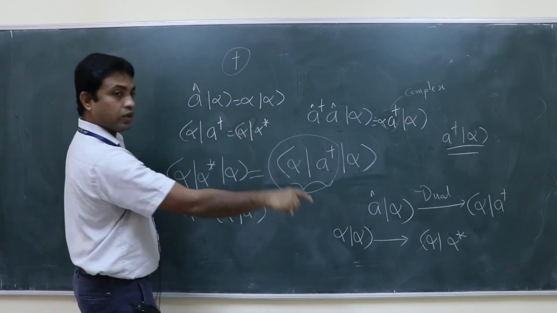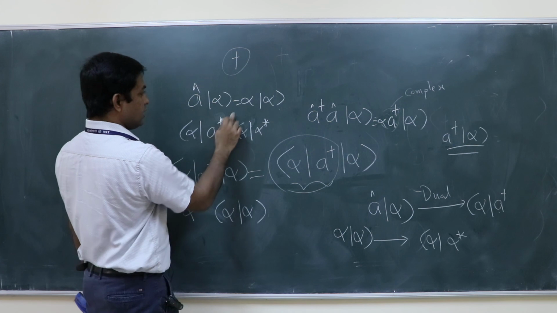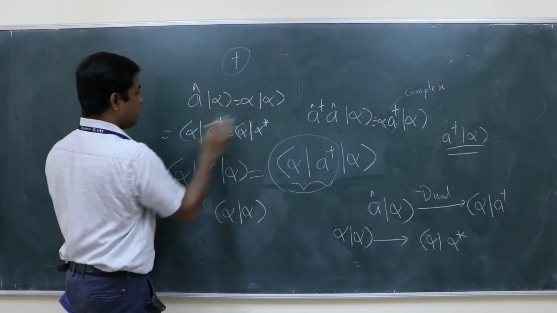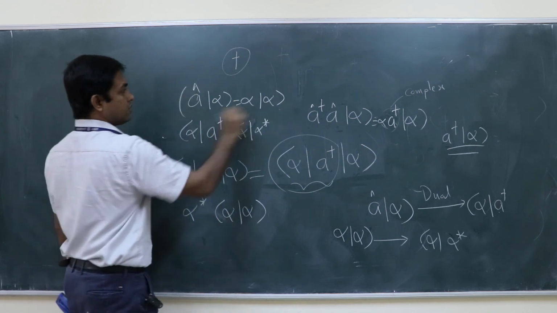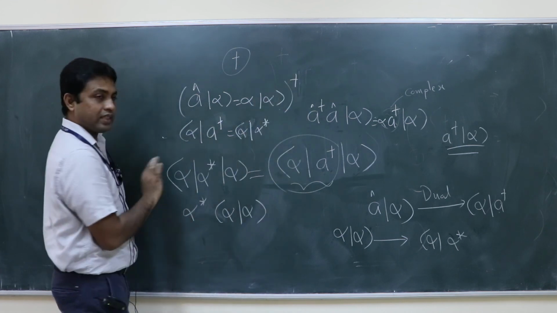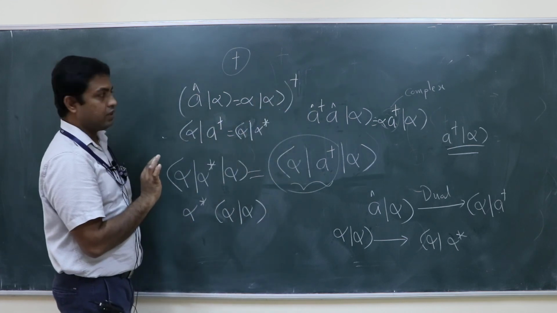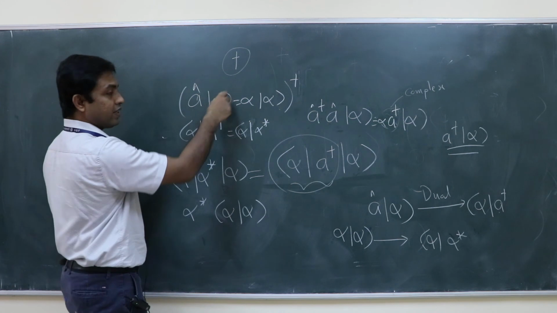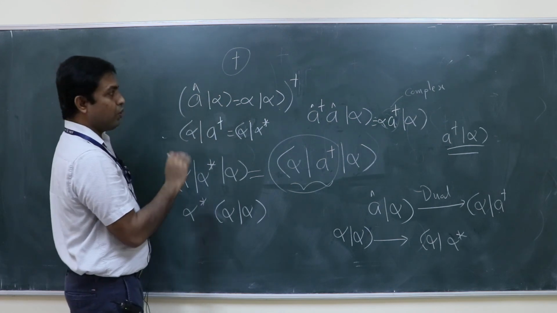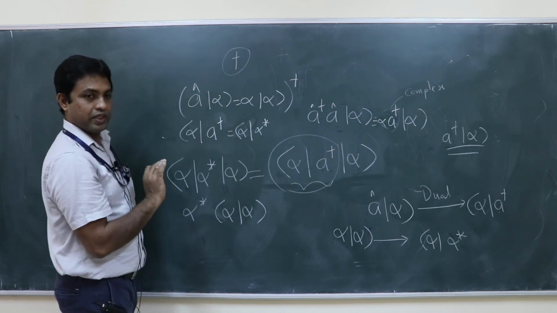So this is what we got. But this quantity is not equal to this, or this dagger is not equal to this. That is not correct. You are actually going to the bra space, not taking the dagger.